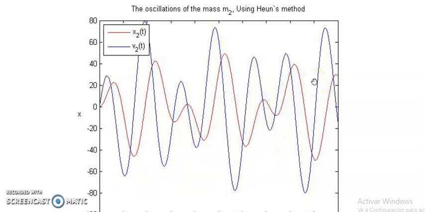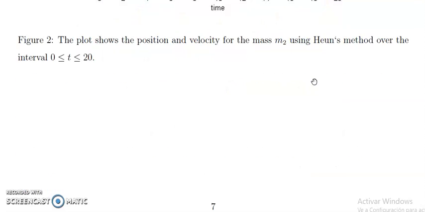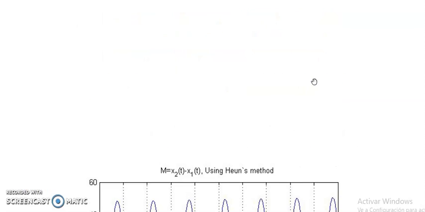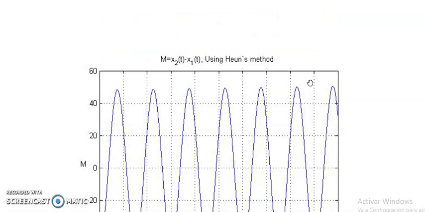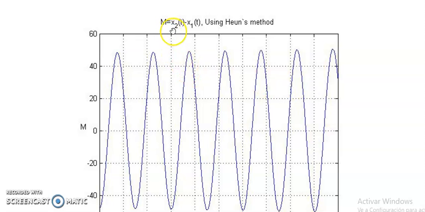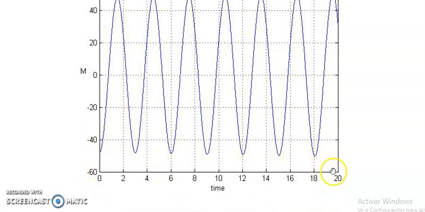But more importantly, let me show you the following figure. This is a very nice figure. Look, this is the difference between the position of mass 2 and the position of mass 1 at each time between 0 and 20.